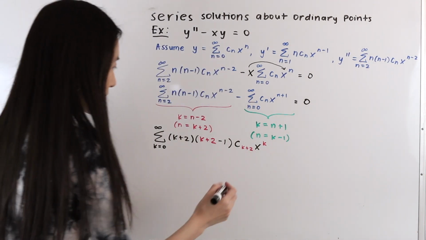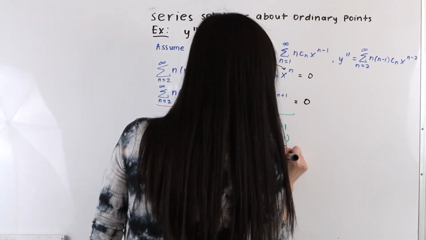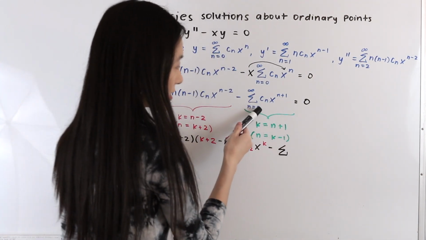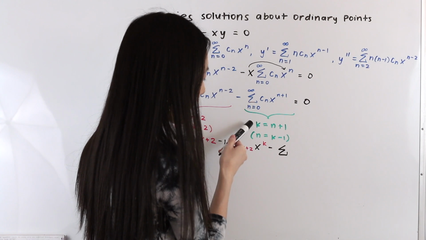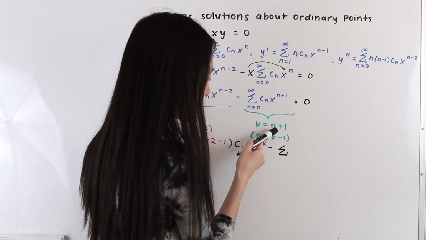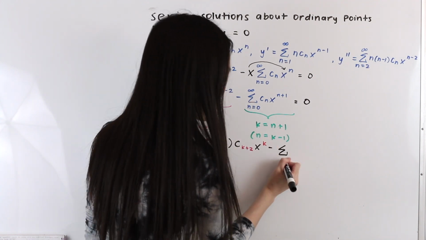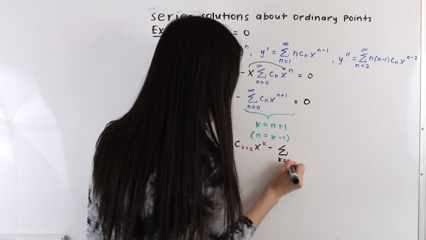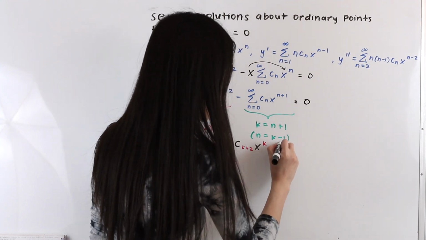And then for our next summation, we have n equals 0, so let's go ahead and get that in terms of k. So k is equal to 0 plus 1, so we have a k equals 1 here to infinity.